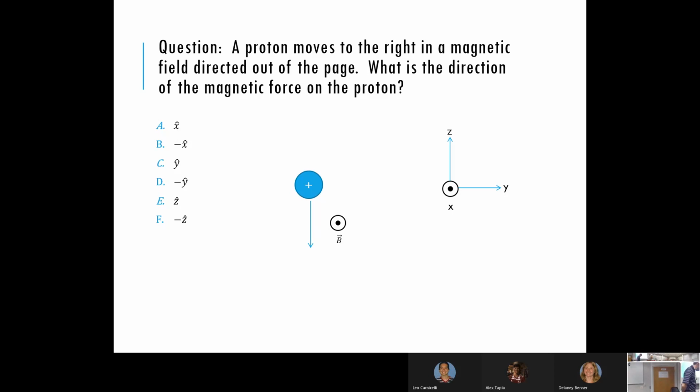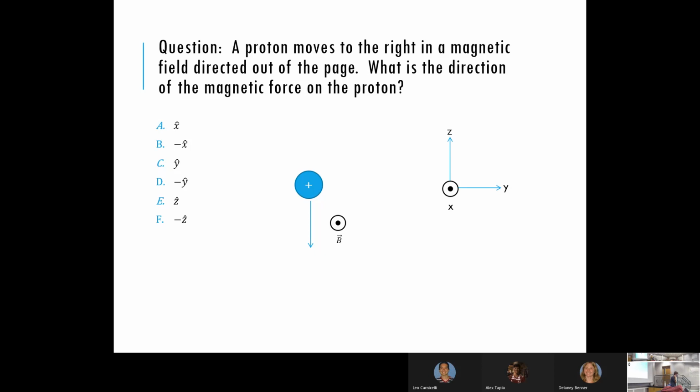So here's a question for you. When the force is perpendicular to the direction of motion, what trajectory will you get? If I take this particle, this positive charge, and it's moving through a magnetic field, what trajectory will it follow?